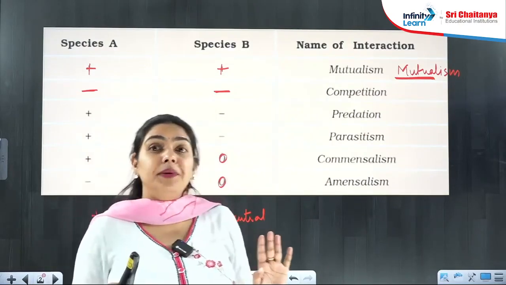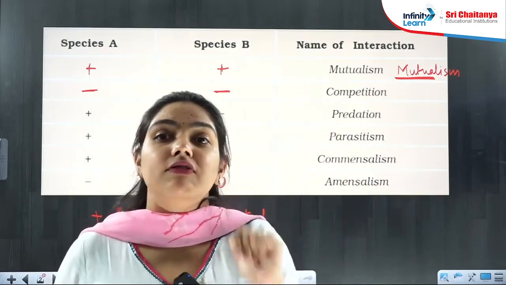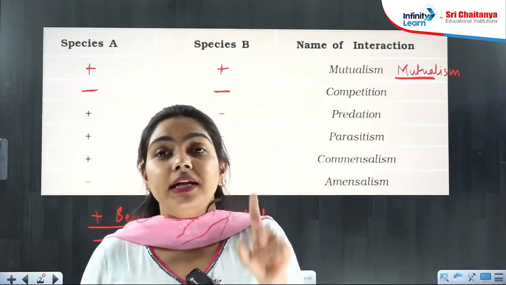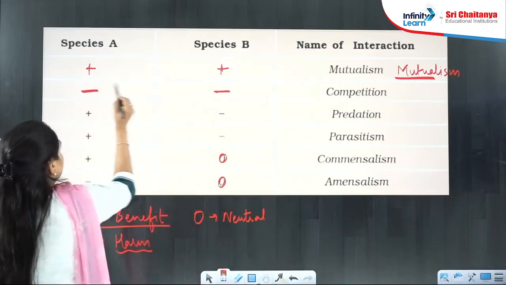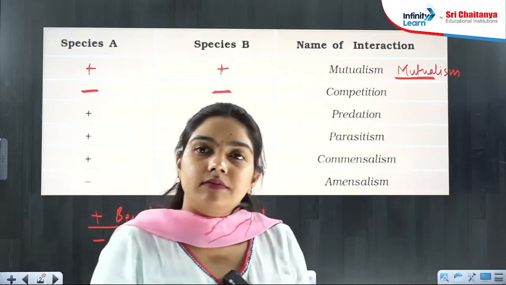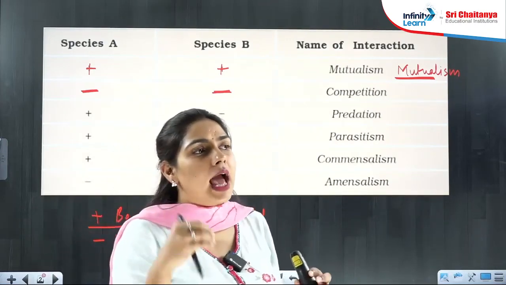Okay. Competition. You all are in competition with each other. Competition is that kind of interaction in which both will be harmed. Let us suppose 2 kids are fighting. Obviously, this is not a population interaction, but I am just giving you an analogy.